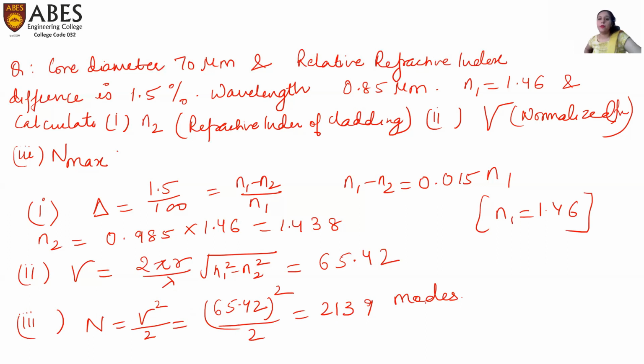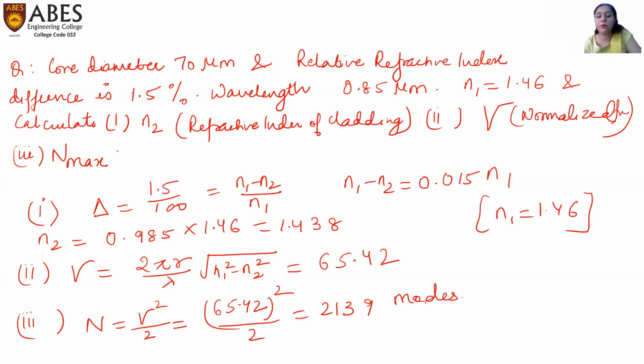So a quick revision of the formulas we have done. We have done the numerical aperture, which is under root of N1 square minus N2 square, acceptance angle, which is sine inverse of the numerical aperture, then fractional refractive index we have talked about.